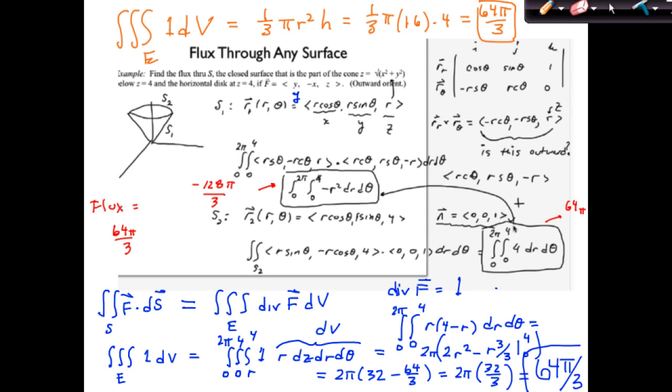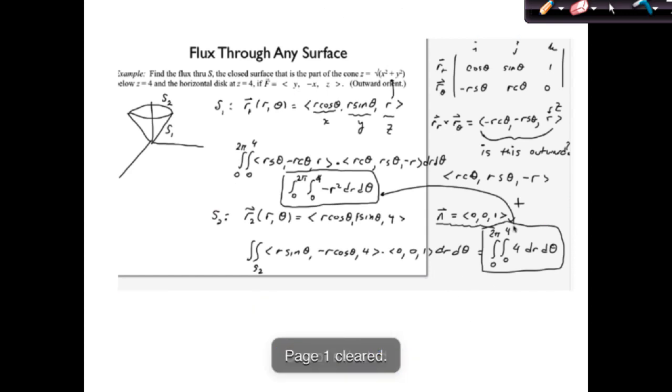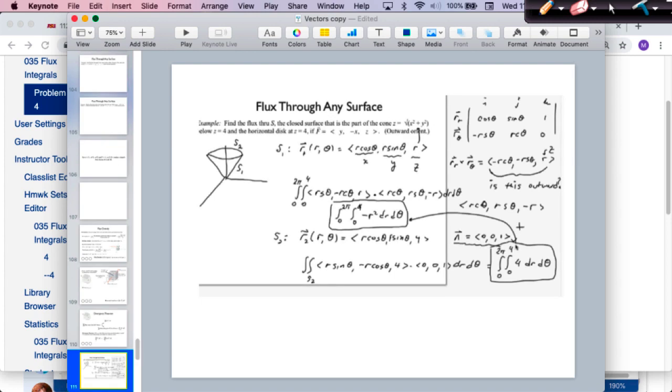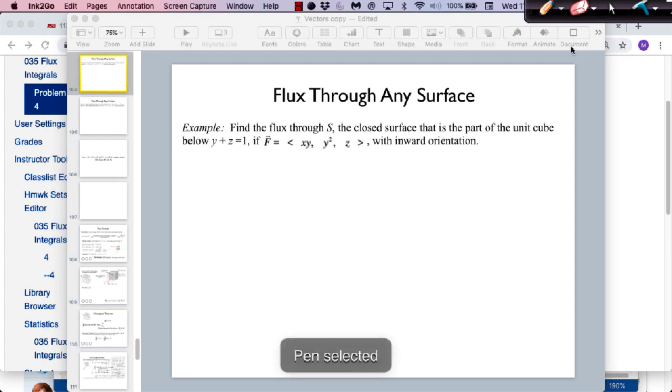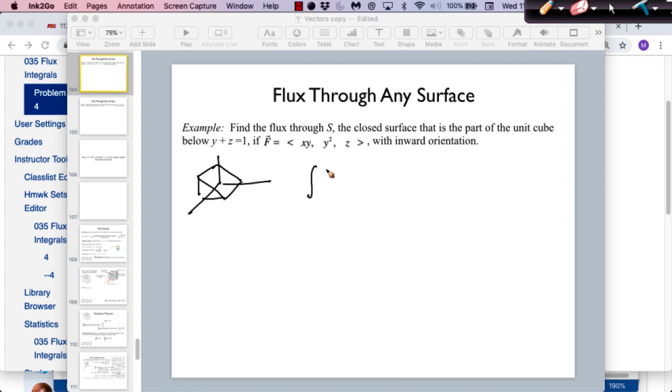Questions? Okay, so let's do that. We can do it a lot quicker than doing all 5 sides of the thing. So now we're going to use the theorem to calculate this. We're going to do the triple integral of the divergence of F dV.